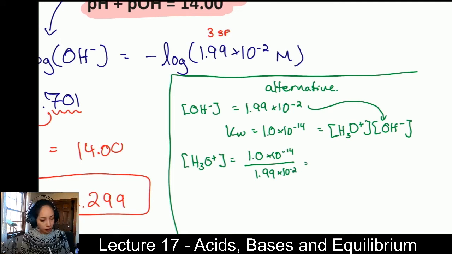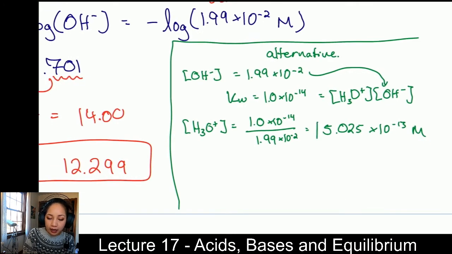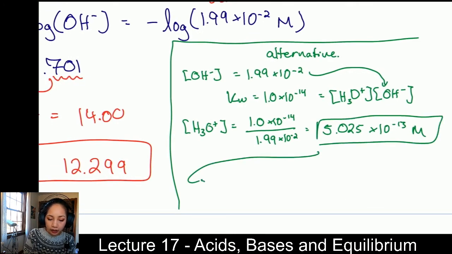I actually didn't do this. 1 e to the negative 14 divided by 1.99 e to the negative 2. So H plus concentration is 5.025 times 10 to the negative 13 molarity. And then you can take this number and plug that into pH. So pH is equal to negative log hydronium ion concentration, so negative log of 5.025 times 10 to the negative 13.